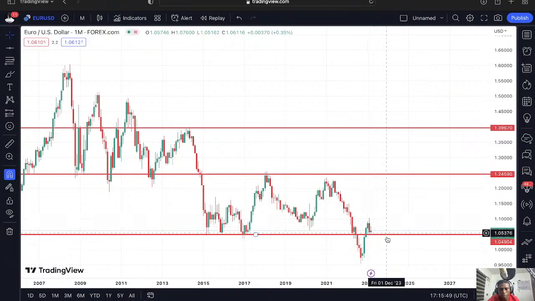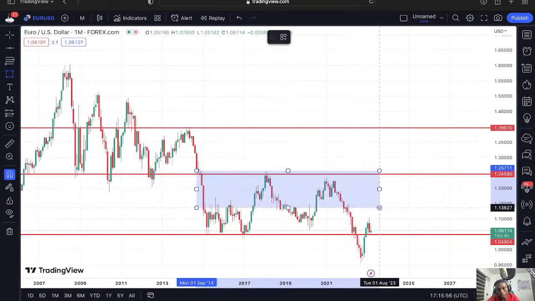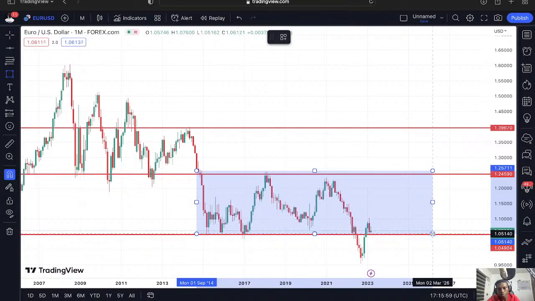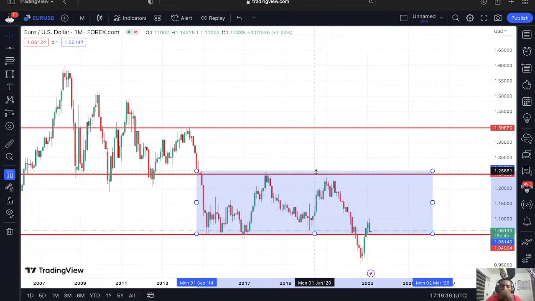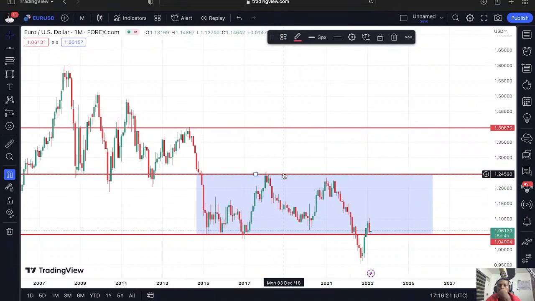So we are expecting price to do either of breaking out to the downward path or sustaining the momentum to the next resistance level.